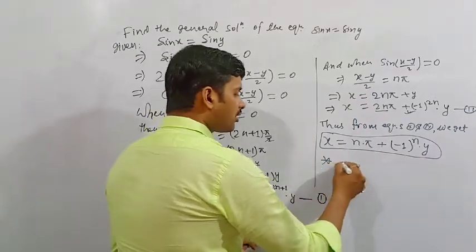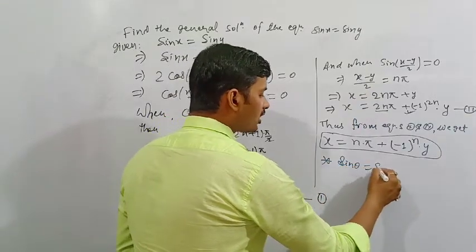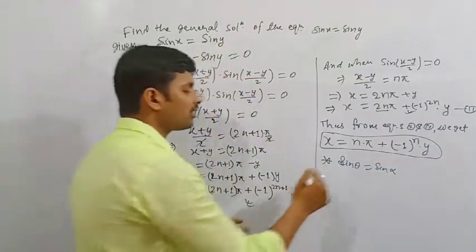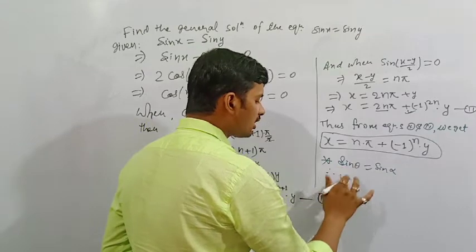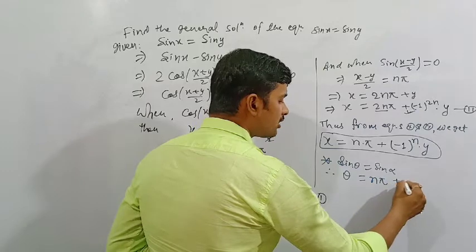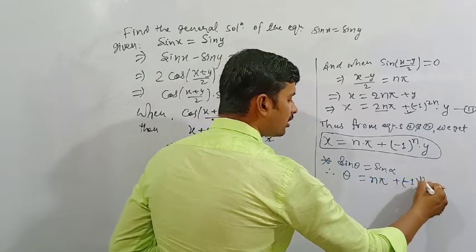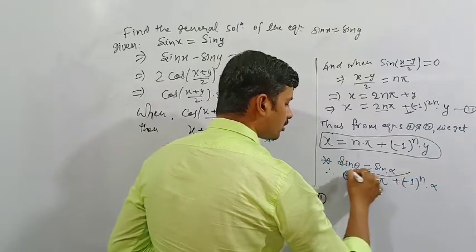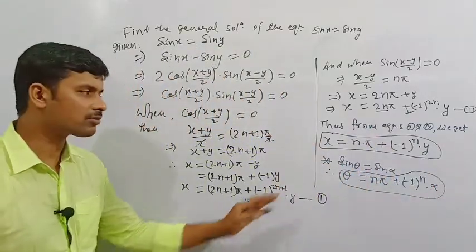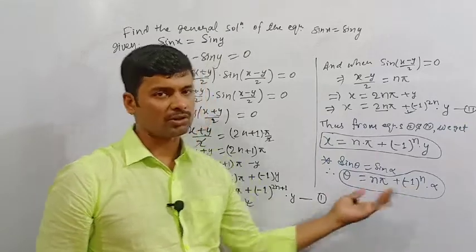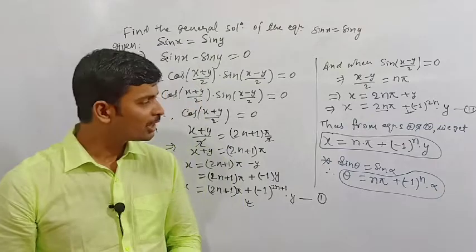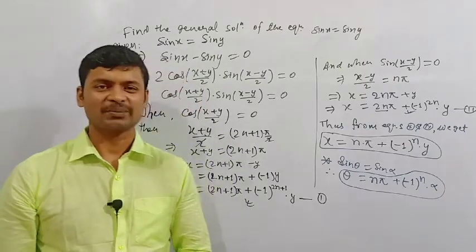Suppose the equation is sin theta equals sin alpha, same as sin x equals sin y, then theta will be equal to n pi plus minus 1 to the power n into alpha, in the same way as derived here. In terms of theta and alpha, you can also derive the same thing in the same way. I hope you understood these things. Thank you everyone.